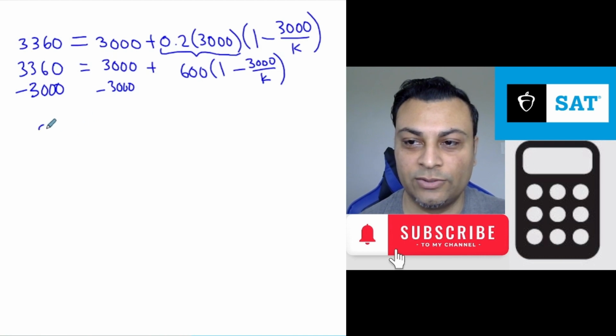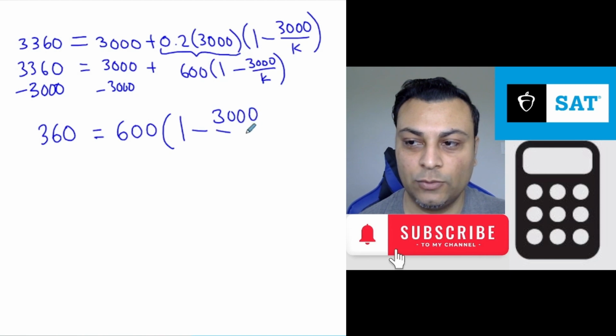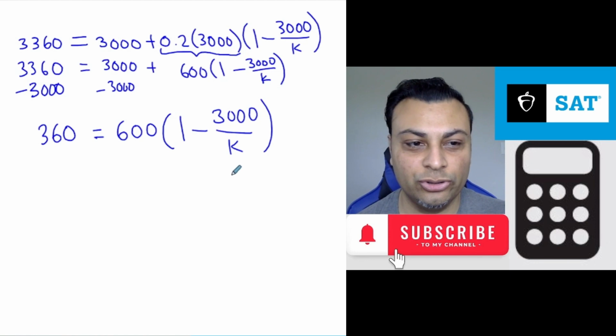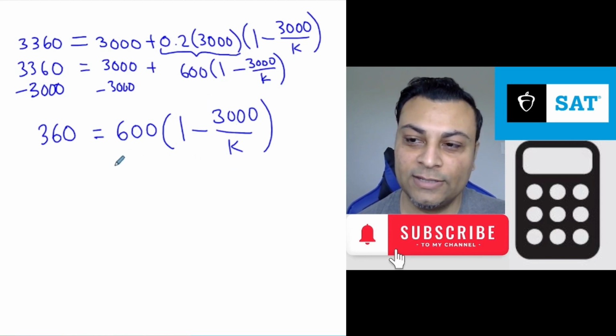And you would get 360 equals 600 times 1 minus 3,000 over K. Now, we could distribute the 600, that's one way, but let's do it this way.